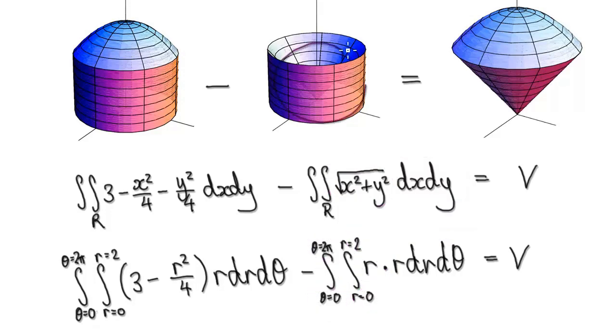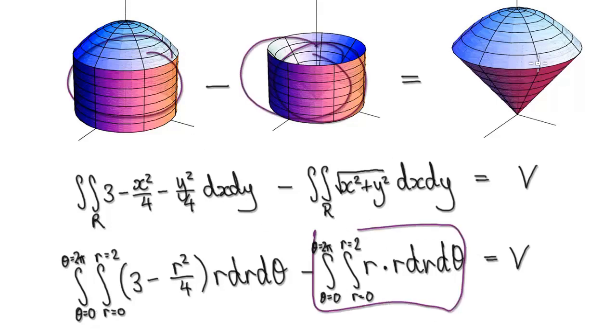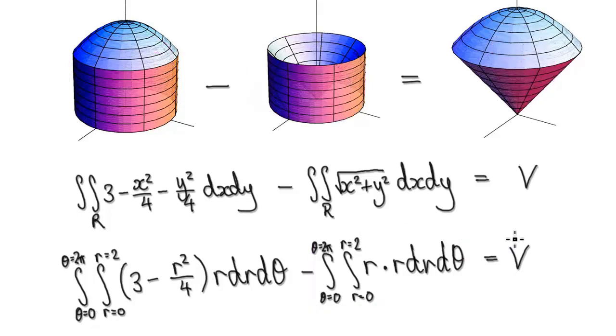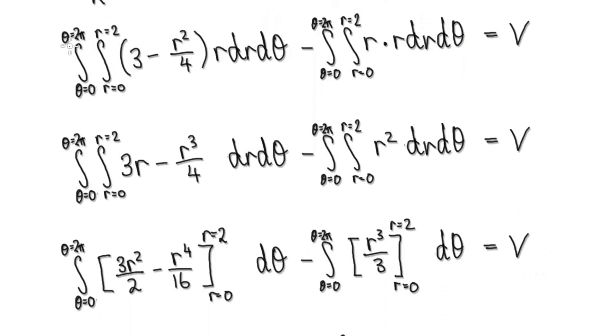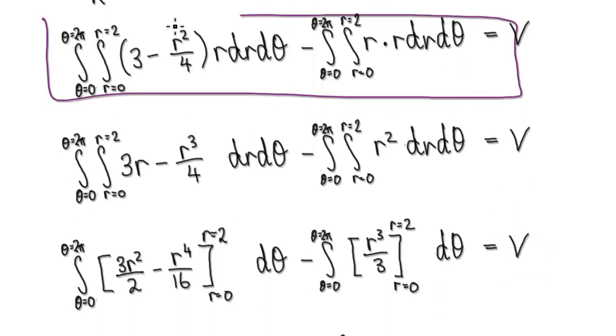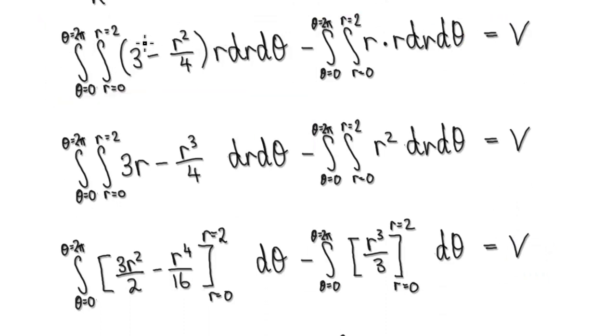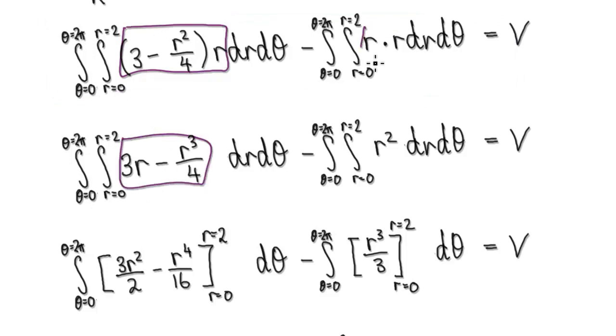So this volume here is given by this. If you take this and take away this, it gives you the volume V. That takes us to here. Now tidy this up. Multiply this out, which gives you this. Merge these two together, which gives you this.